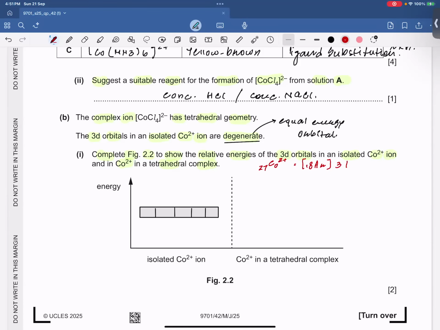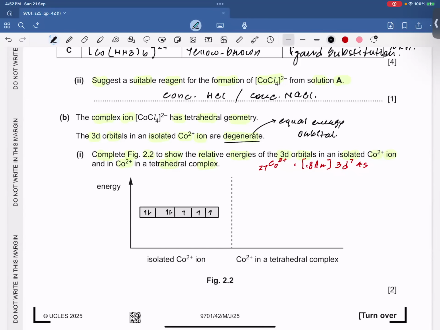Then we have 3d, and then we have 4s. Now from 4s2, 2 electrons are removed. So 3d contains, I believe, 7. So I'm going to distribute these 7 electrons in these isolated d orbitals: 1, 2, 3, 4, 5, 6, and this one is 7.